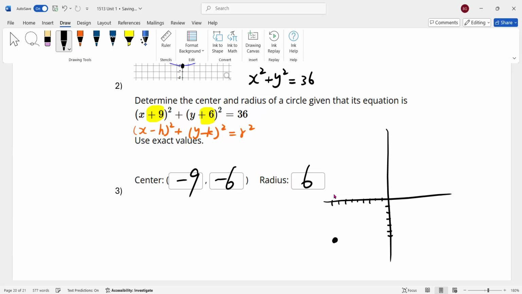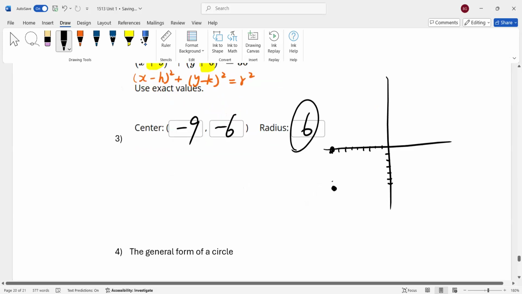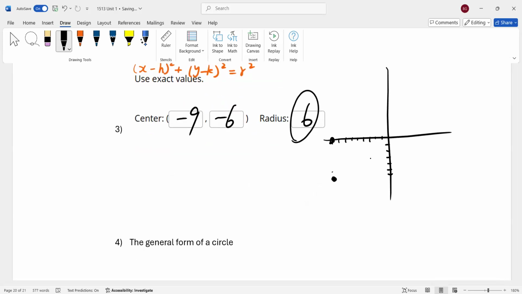How do you graph a circle, by the way? Manually, if we need to graph a circle, what I would do is find the center first for sure, right? And then go up 6 units. Why 6 units? Because the radius is 6. 1, 2, 3, 4, 5, 6, I would have this. And then go down 6 units, it would be here.